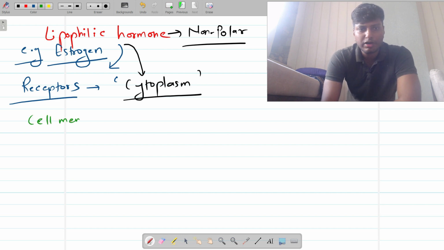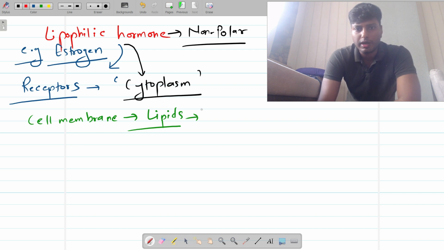the inside part of the cell membrane, which is made up of lipids, and lipids are also non-polar. So because the inner portion of the cell membrane is made up of lipids, it is non-polar in nature.